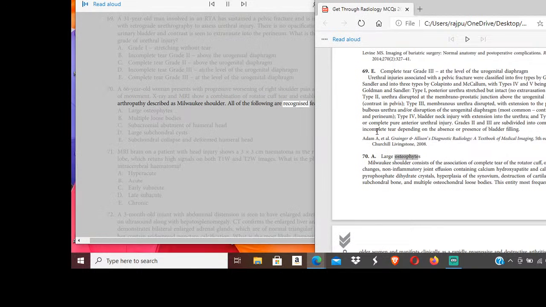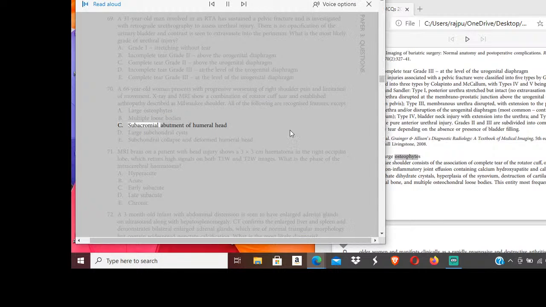All of the following are recognized features, except A. Large osteophytes. B. Multiple loose bodies. C. Subacromial abutment of humeral head. D. Large subchondral cysts. E. Subchondral collapse and deformed humeral head.